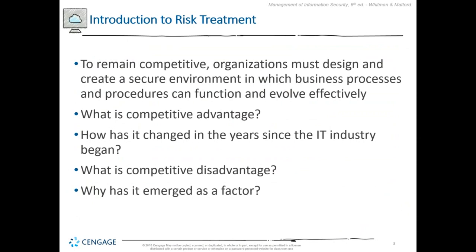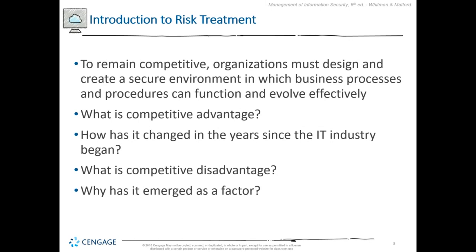Now, how has this changed since the IT industry began? Today, organizations operate at a similar level of automation. Competitive advantage really happened in the early days of IT systems. Now everybody's on the same level playing field.